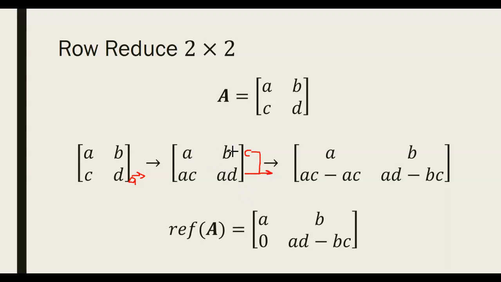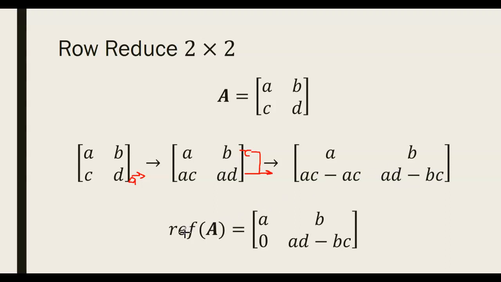So I'm going to get A times C minus AC, or I should say, I should multiply that by a negative C. I'm sorry. Let me multiply that by a negative C. Okay, so negative C times A, add that, you end up with 0. Negative C times B, add that, you're going to get AD minus B times C.